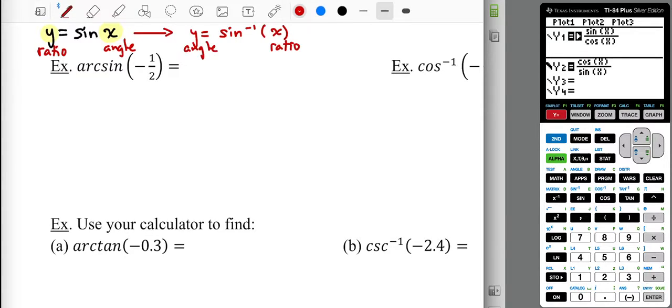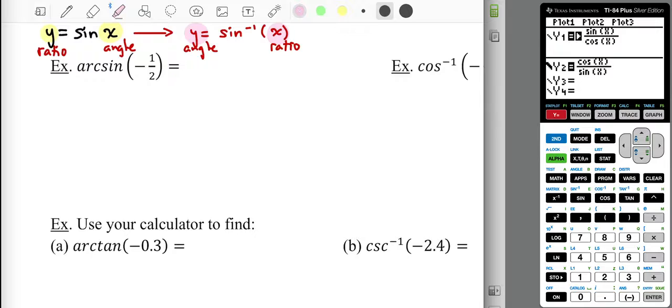So when you're solving for a value in an inverse function, you're actually solving by substituting in a ratio and getting an output that is the angle.